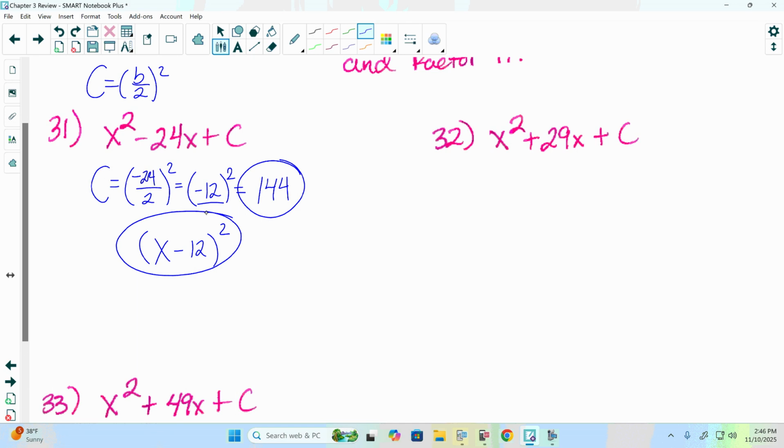So yes, we can do it that way, but the number and sign kind of matches it up. So it makes it a little bit easier, a little bit quicker than having to actually factor it out with 2 sets of parentheses and then rewrite it. And it's especially true with 32.